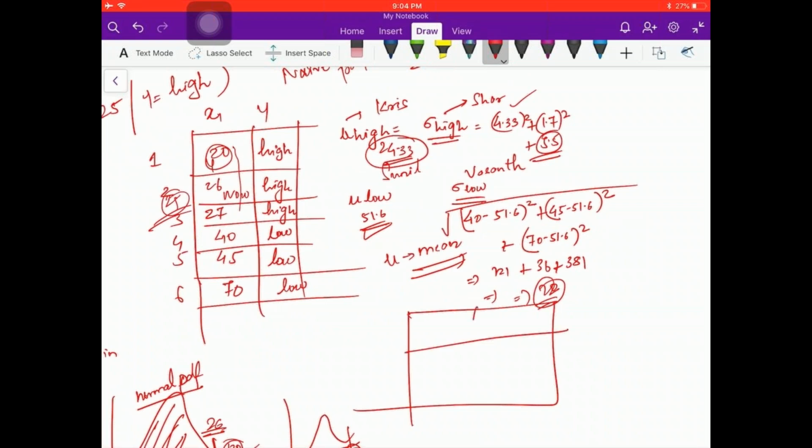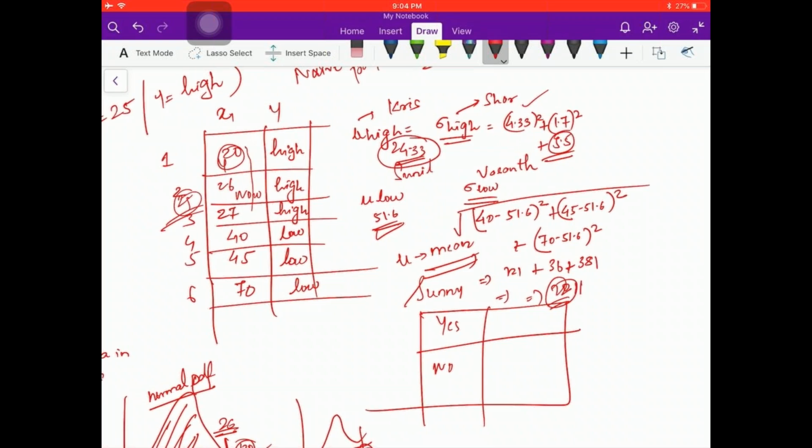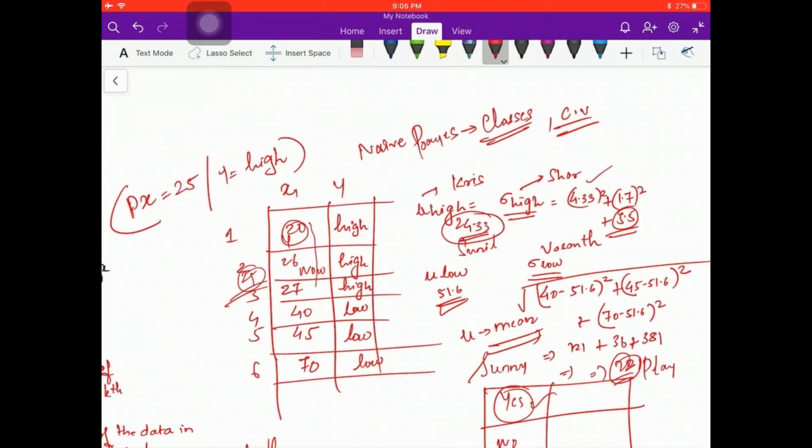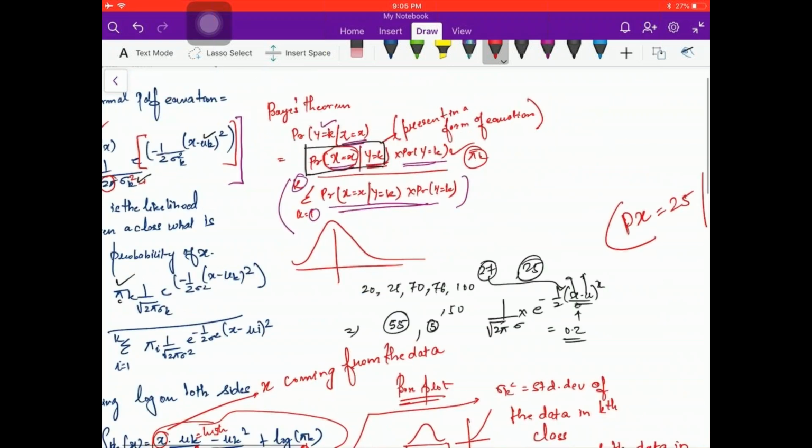When we have yes or no, for example, Sunny equal to yes and Sunny equal to no, and then what was the play? Then we were saying the number of occurrences of yes divided by the total number of occurrences. But in case of continuous variables, even in Naive Bayes, I told you that we have to feed in this equation. But that time we didn't put too much stress on this equation.